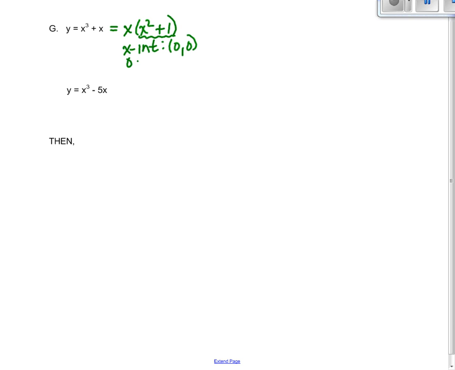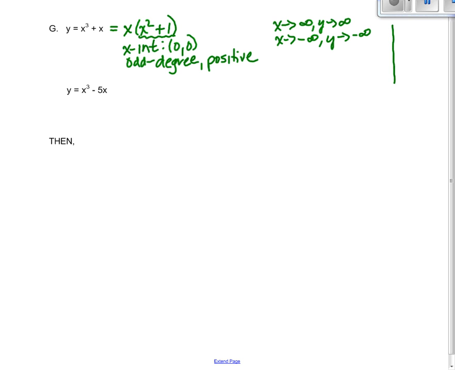I know that I have an odd degree because it's a cubic, positive, so that I know that its graph, as we go to the right, will increase, and as I go to the left, it will decrease. I am going to have a function that looks like that. That is not an even function. It's not balanced around the y-line, but it is something special in its own way.